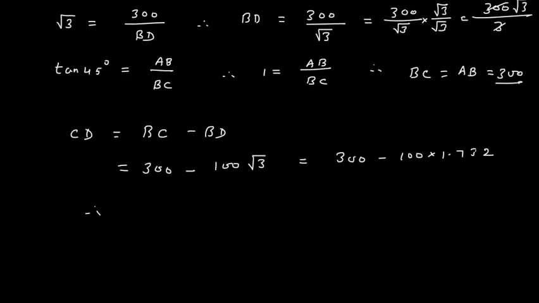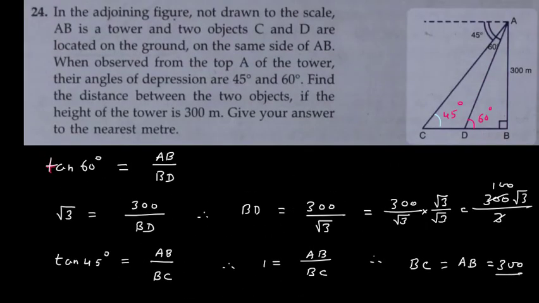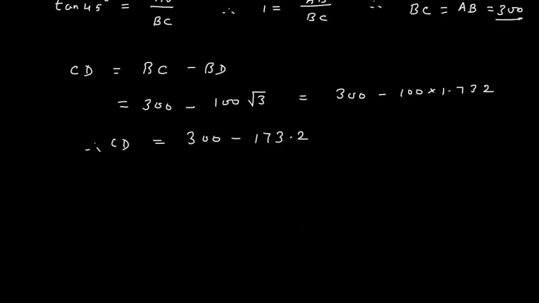So this gives me the value of CD as 300 minus 173.2. Give your answer to the nearest meter is asked. So this 173.2, approximately I will say this is 173 only. So 10 minus 3 is 7. Then here 9 minus 7 is 2. Then here 2 minus 1 is 1. So the value of CD is 127 meter.